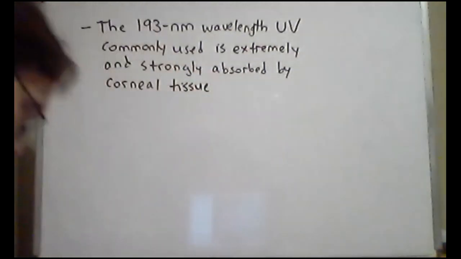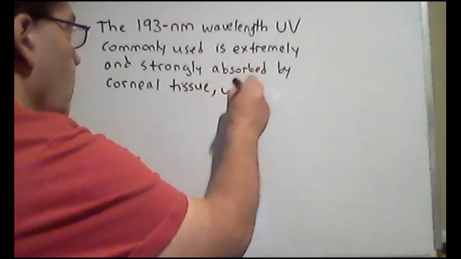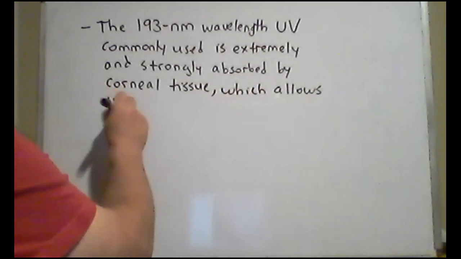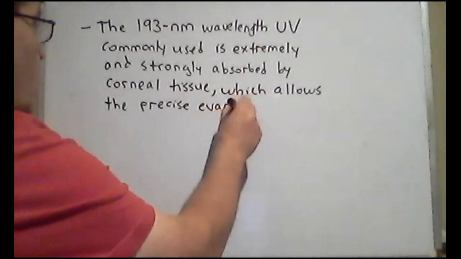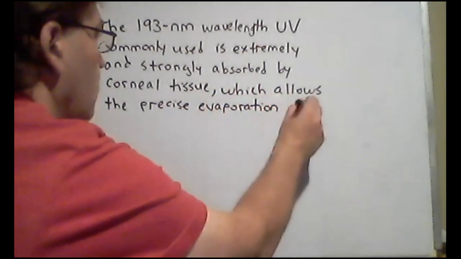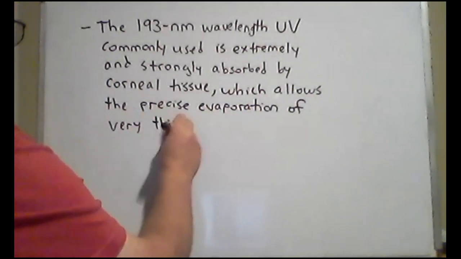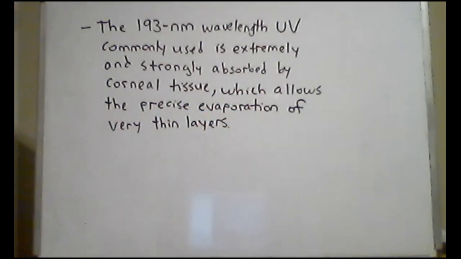And that allows the precise evaporation of very thin layers. Okay, so the corneal tissue responds best with 193 nanometer wavelength ultraviolet. So that's the laser, it's the excimer laser.